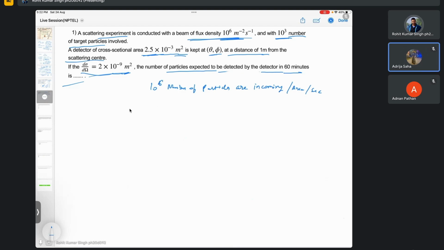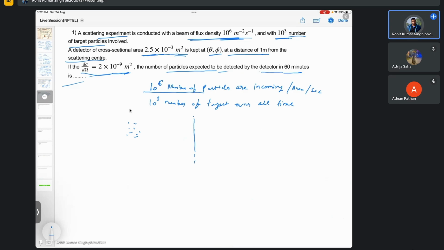And these 10 to the power 6 particles are interacting with 10 to the power 3 number of target particles over all time. So these particles are coming, you have a golden foil or something, they hit and then go to our detector.